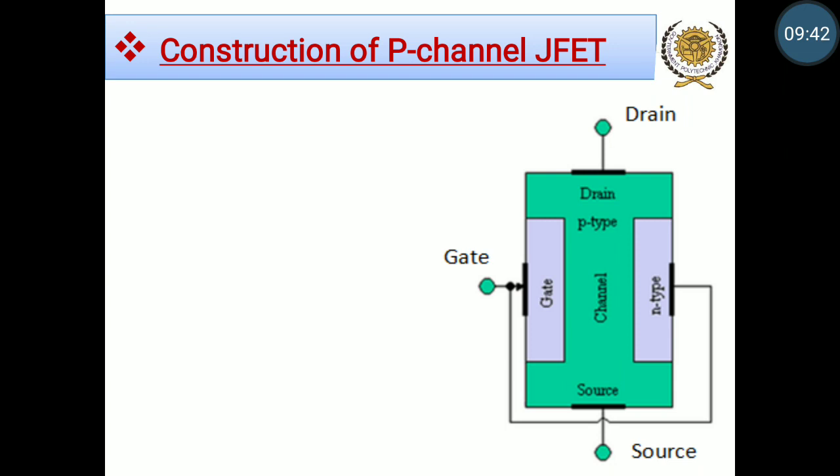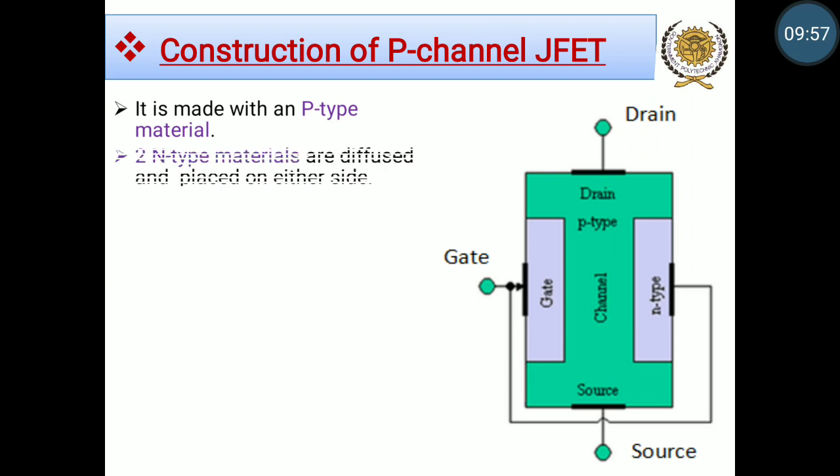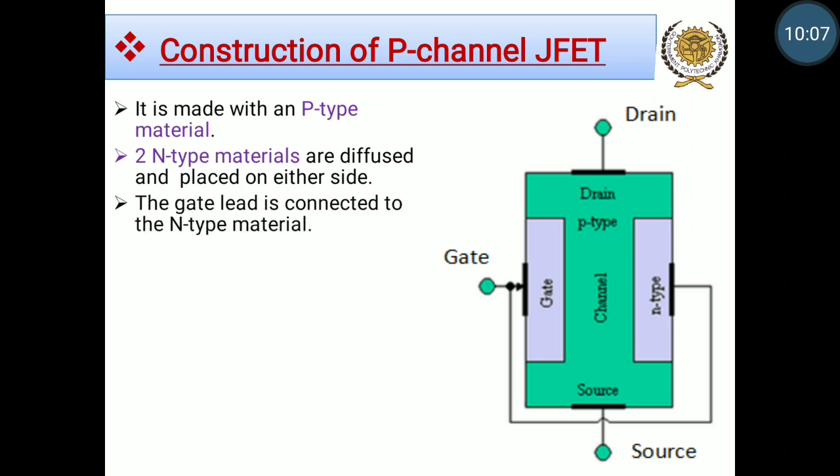Now construction of P-channel JFET. The figure shows the constructional view of P-channel JFET. Here the green color shows a P-type semiconductor material. Two N-type materials are diffused and placed on either side, shown in purple color. The gate lead is connected to N-type material.